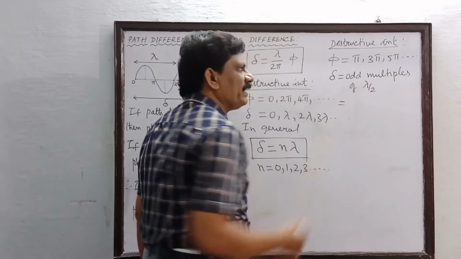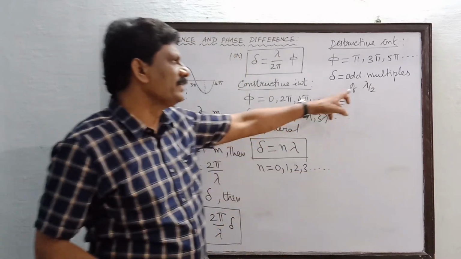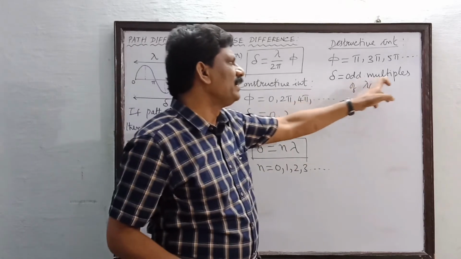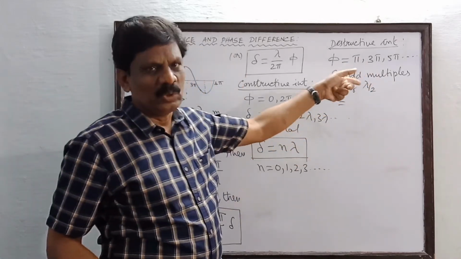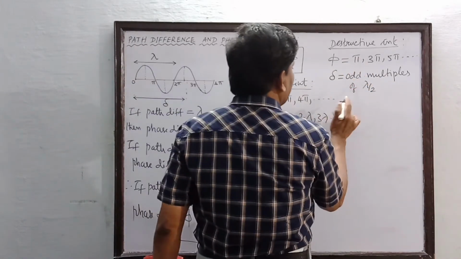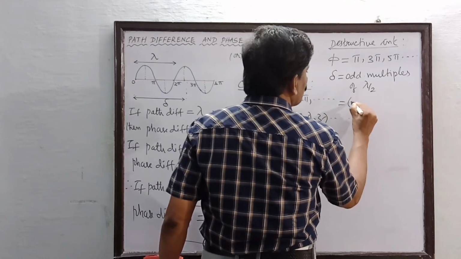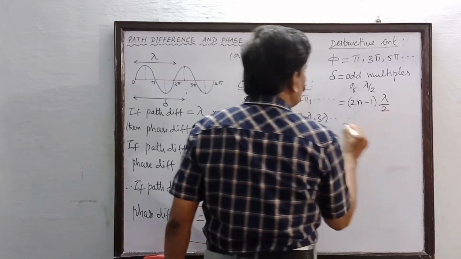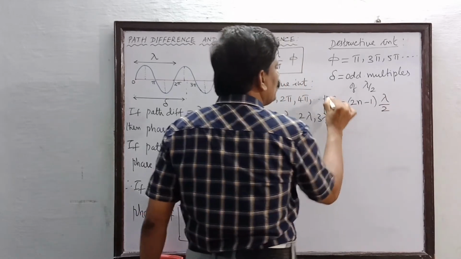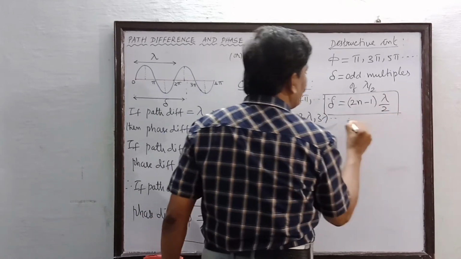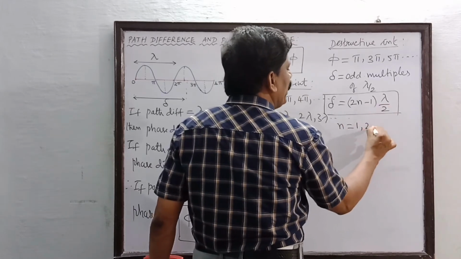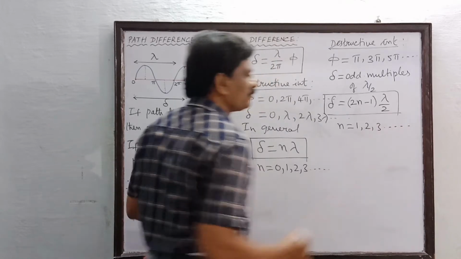So this is called half integral multiples of the wavelength, that means odd multiples of lambda by 2. So I can write this is equal to an odd number, 2n minus 1 into lambda by 2. So delta is equal to 2n minus 1 times lambda by 2, where n starts from 1, 2, 3, etc.